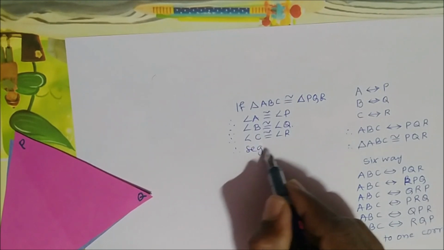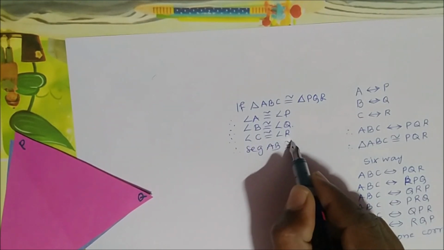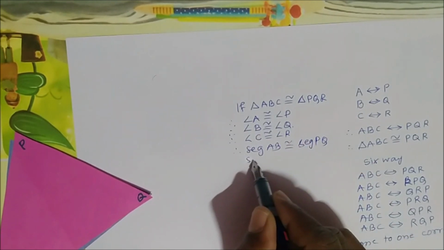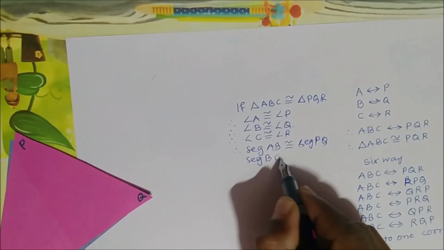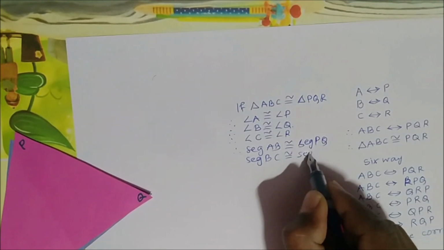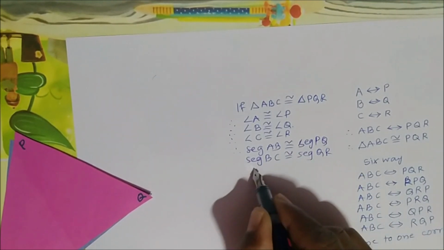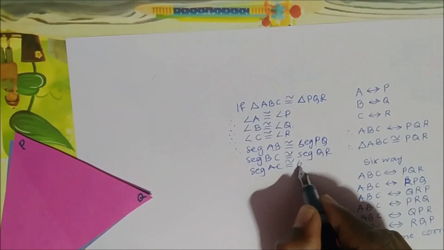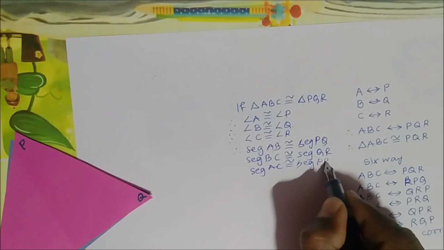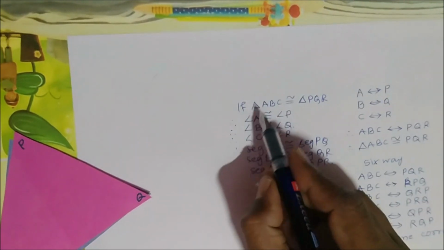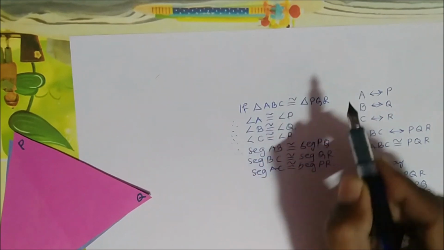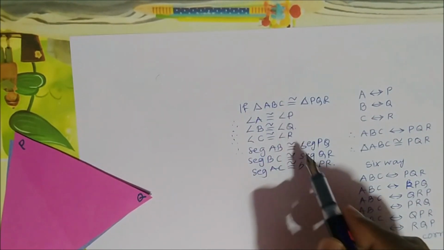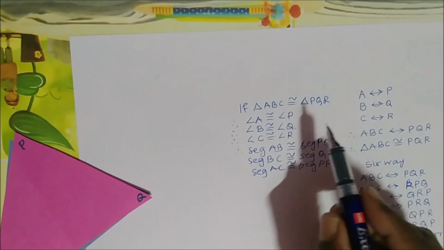So segment AB is congruent with segment PQ, segment BC is congruent with segment QR, and segment AC is congruent with segment PR. So when two triangles are congruent, then the 6 components of the two triangles are also congruent.